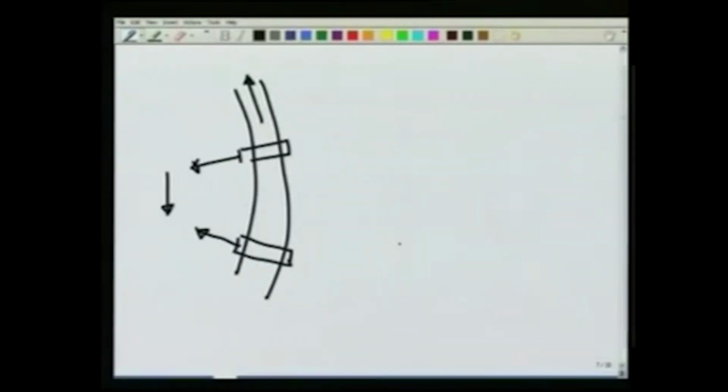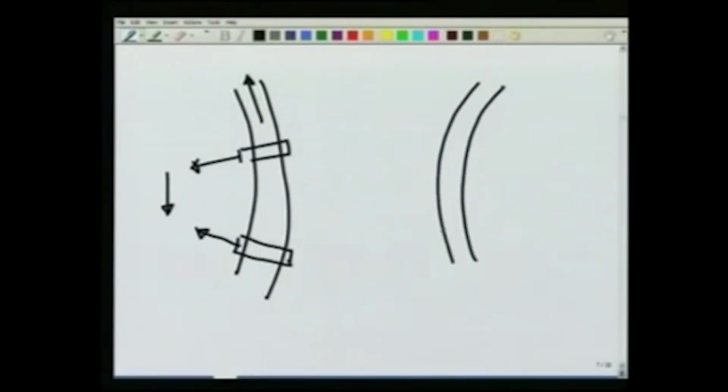On the other hand, when it turns the other way, if the cylinder is here, again I am taking the cylinder moving this way, then the angular momentum is in this direction, and when it reaches here, the angular momentum is in this direction, and therefore the change in the angular momentum is in the direction of the motion.